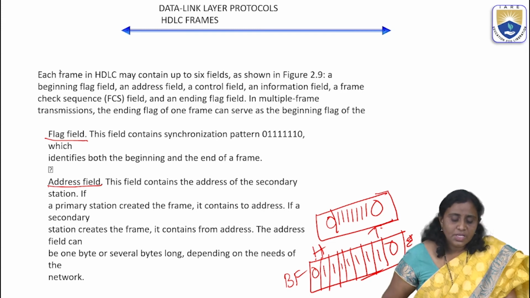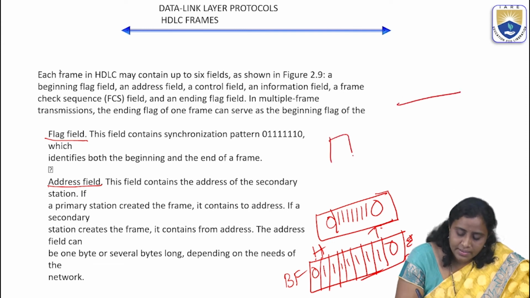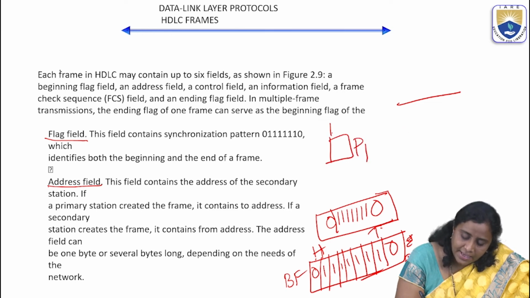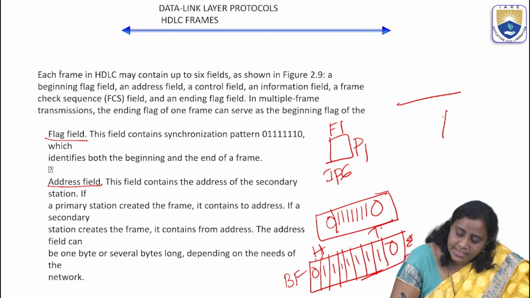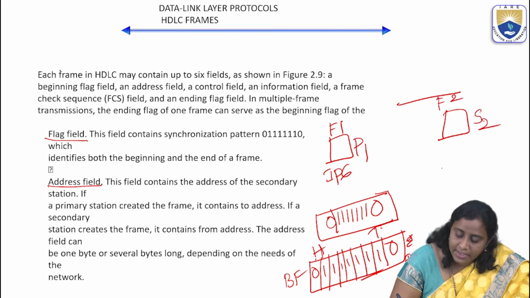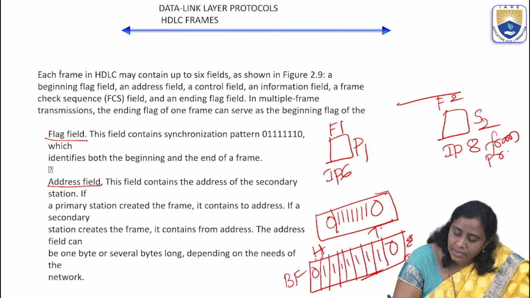For example, suppose this is primary station 1 and it creates a frame like F1. It contains the address like IP6. And if a secondary station 2 creates frame 2, it contains the address IP8. So it will hold the from address of one frame, and it will contain the to address of the concerned frame.